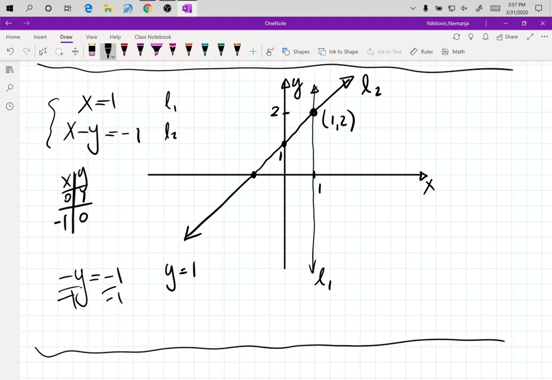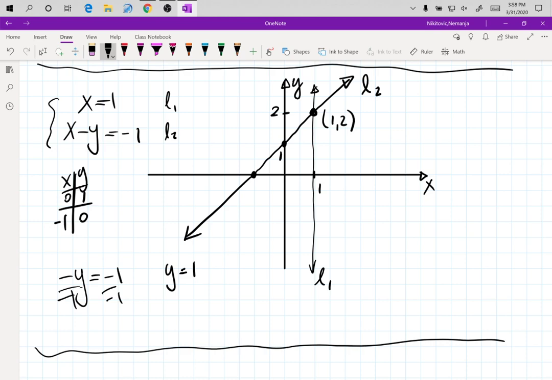So the graphical method is asking you to graph the two lines. If they happen to be parallel, there is no solution because they will never intersect. If the lines intersect, then there is one solution, which is the point of intersection, and you have to write it as x, y. And the third case is when the lines graph on top of each other.